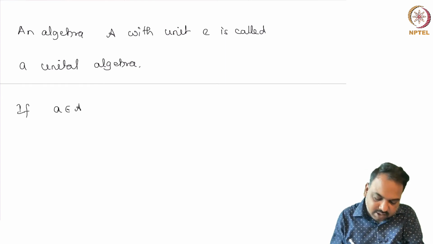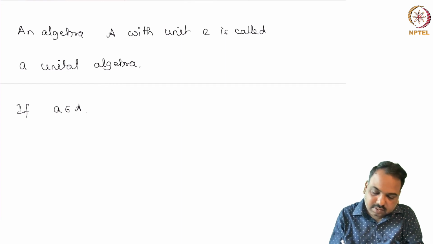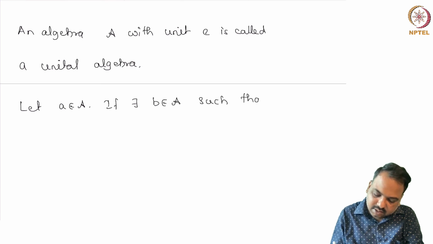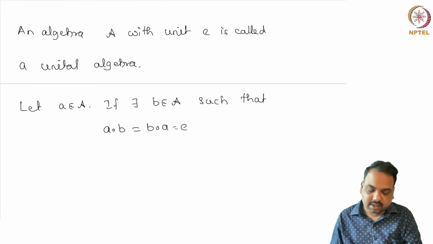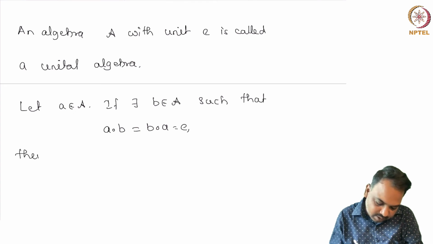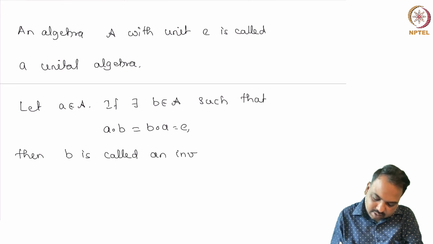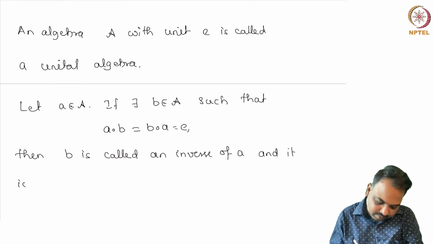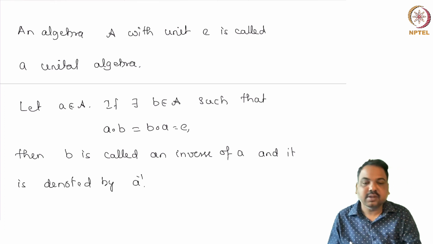Let us take A in A. If there exists B in A such that their multiplication equals the identity element, then B is called an inverse of A, and it is denoted by A inverse.